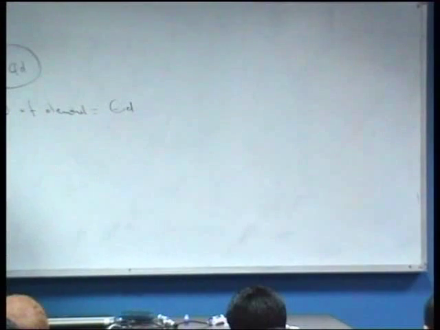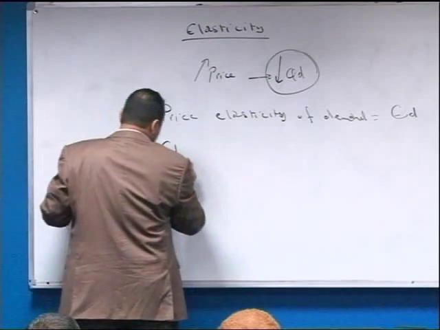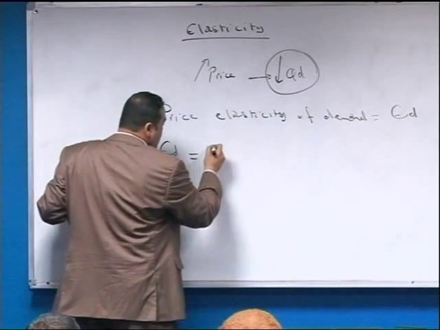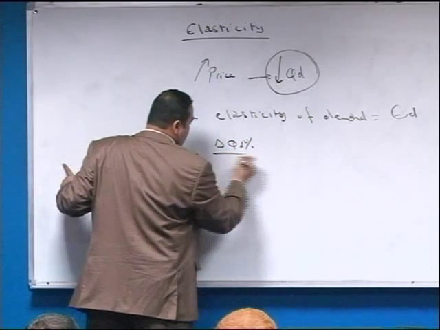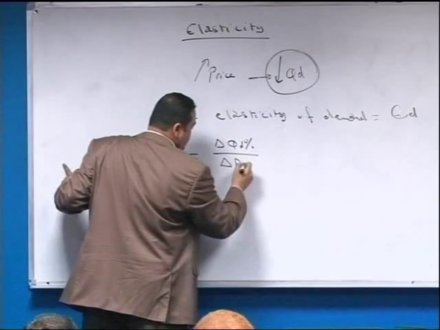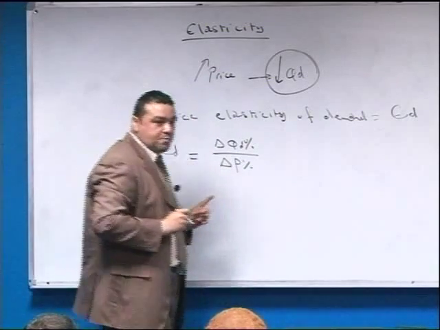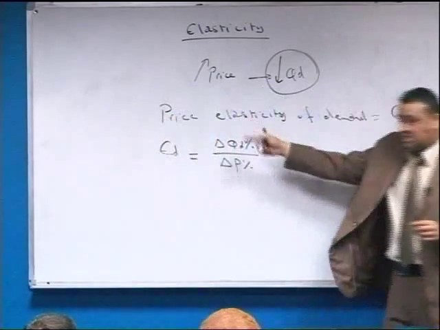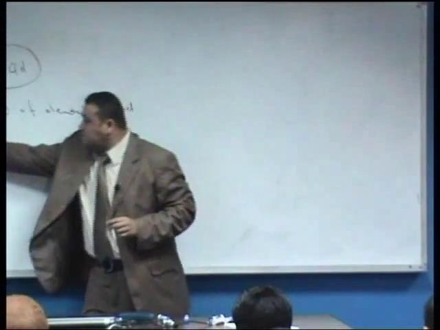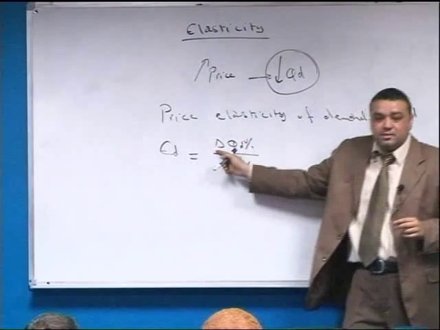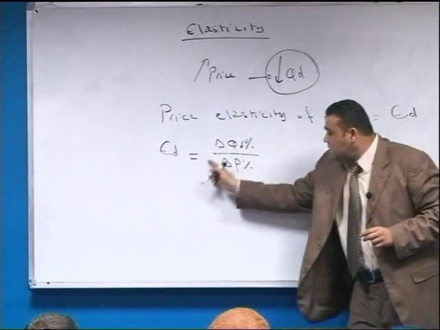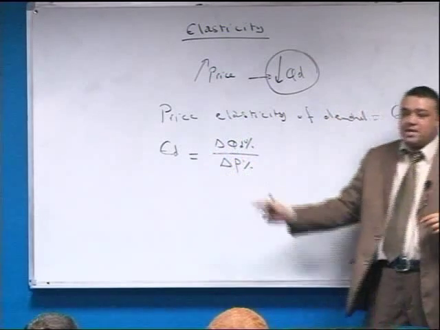ED equals delta QD percent over delta P percent. So it is the ratio of the percentage change in the quantity demanded to the percentage change in the prices.